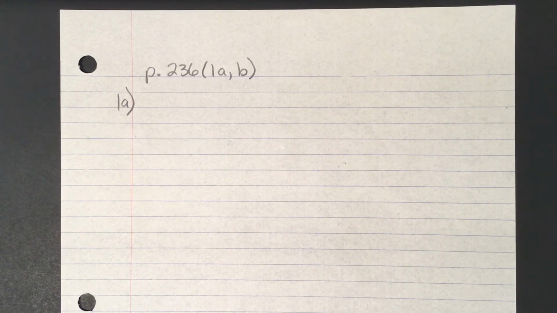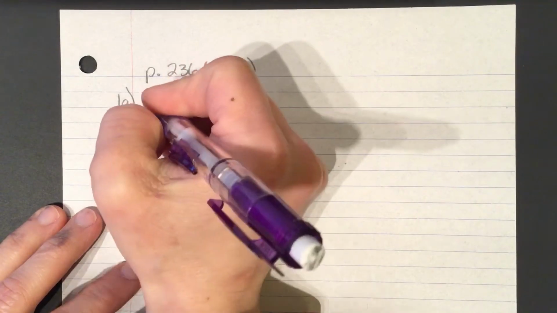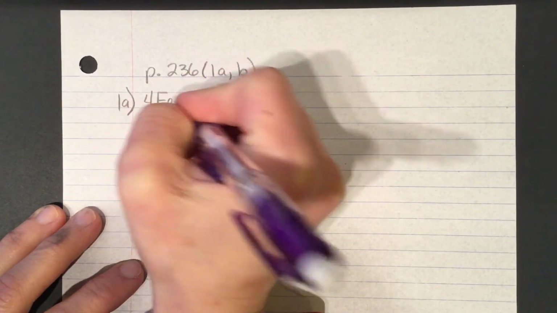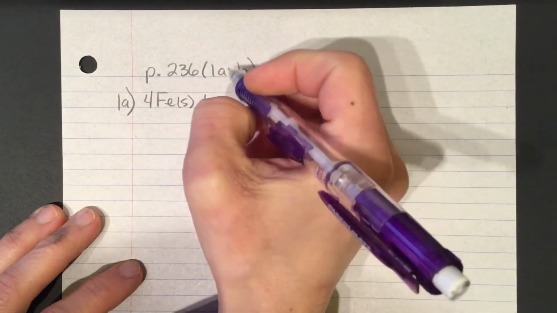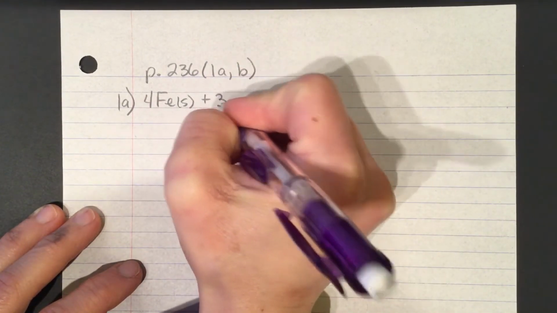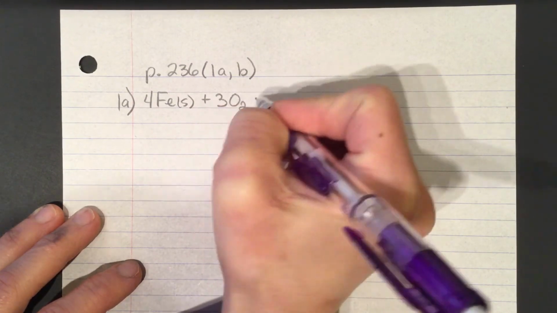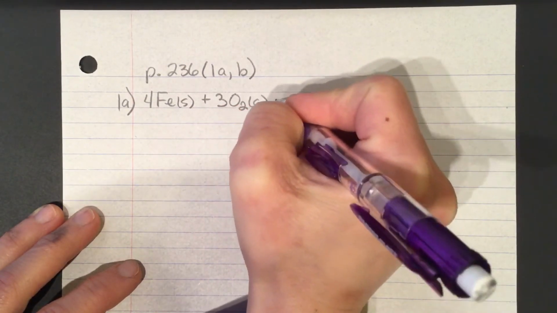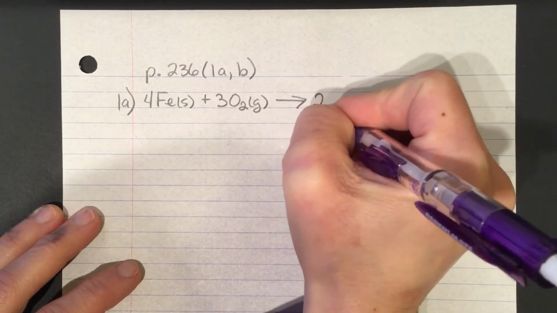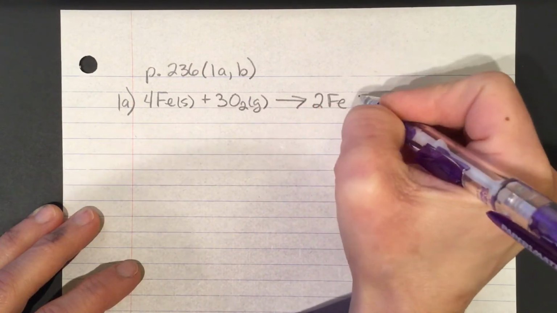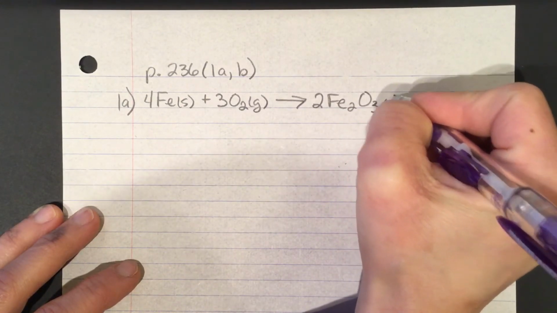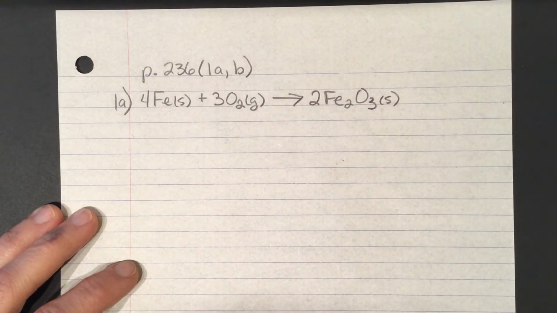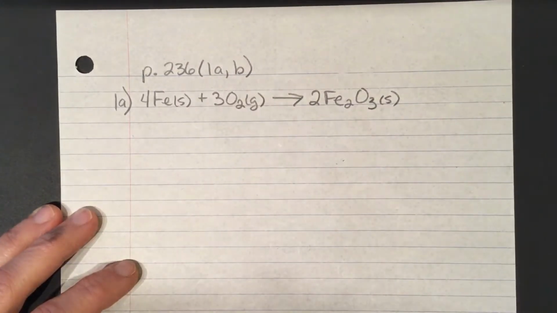It says the reaction that occurs when iron rusts is shown below. 4Fe, so 4 moles of iron, plus 3 moles of oxygen gas yields 2 moles of iron(III) oxide. And question 1A says, how many moles of rust?